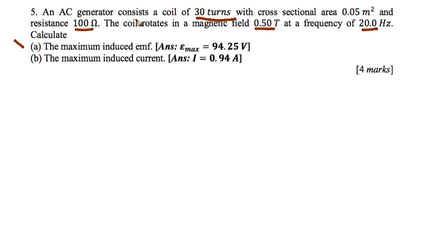The generator consists of a coil. If the coil rotates, the maximum EMF produced for this system is given by the equation: number of turns times magnetic field strength B times area A times angular frequency.